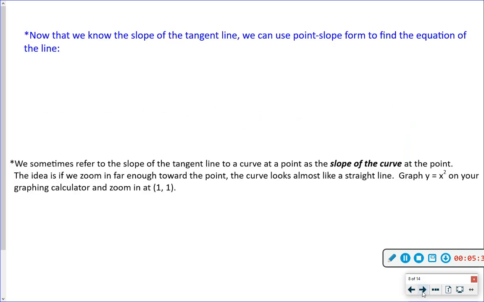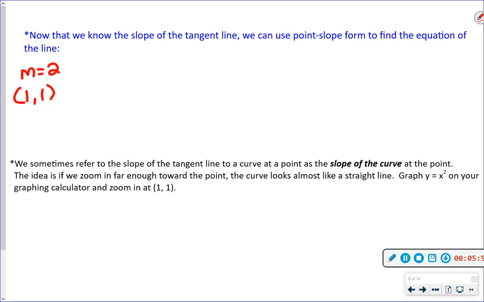Now that you know the slope, of course, they're going to want the full-on equation. Remember, we've got our slope of 2 that we just got from our limit answer. And remember, on that page, we were going through this point. So I'm like, okay, well, I can get an equation of a line if I know a point and slope.